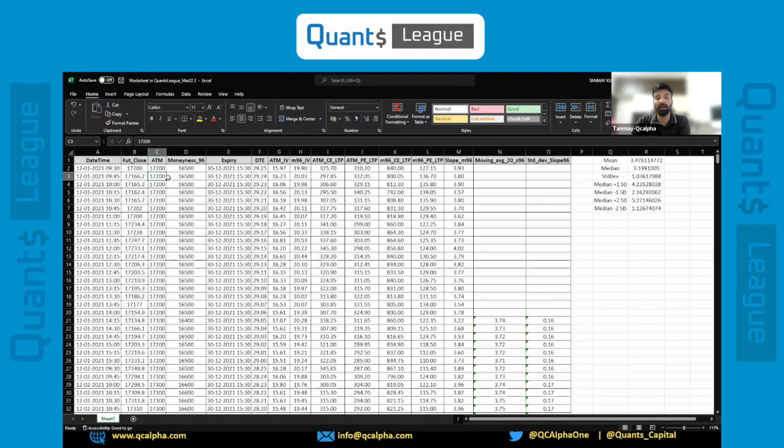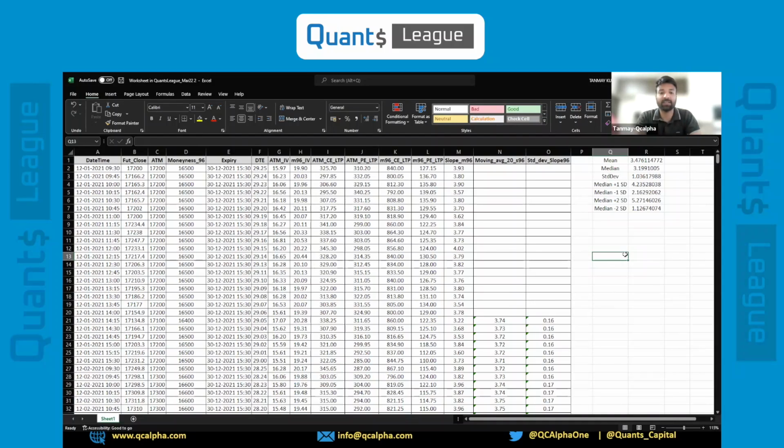For 17200, I have taken the corresponding ATM call and ATM put. The model has been built on 96 moneyness option pricing. What is 96 moneyness? It is just 4% out: an ITM call or an OTM put.